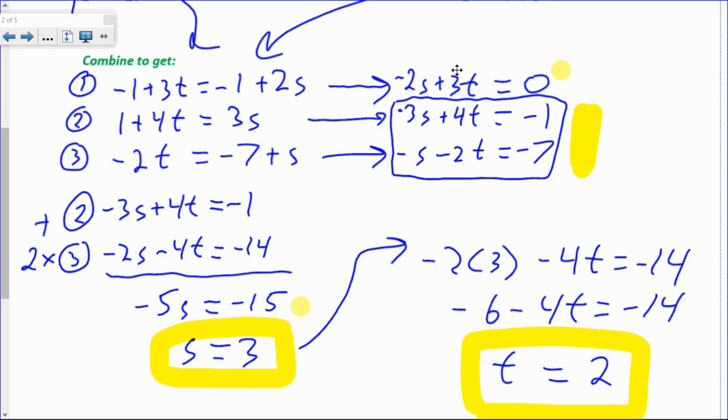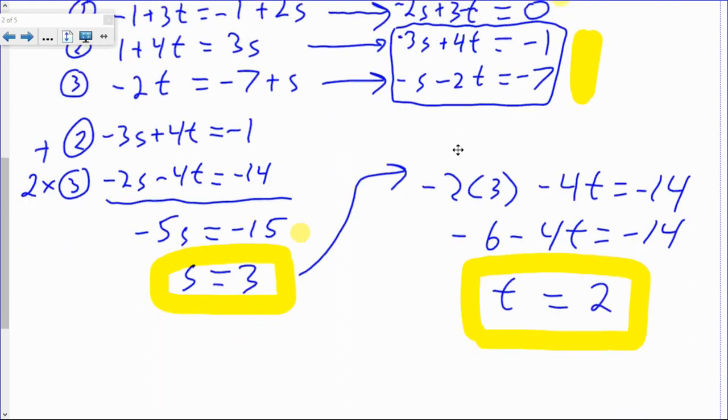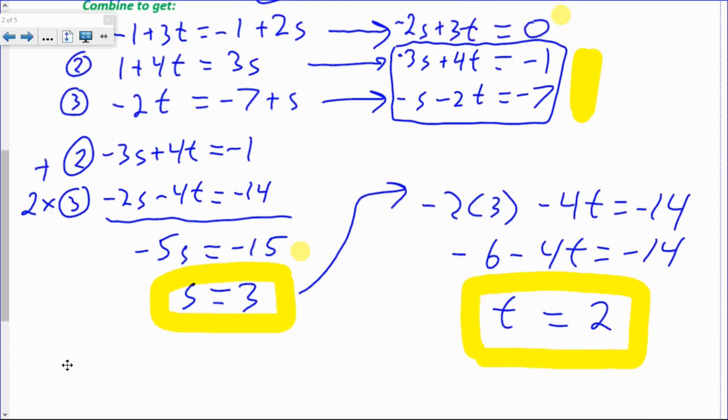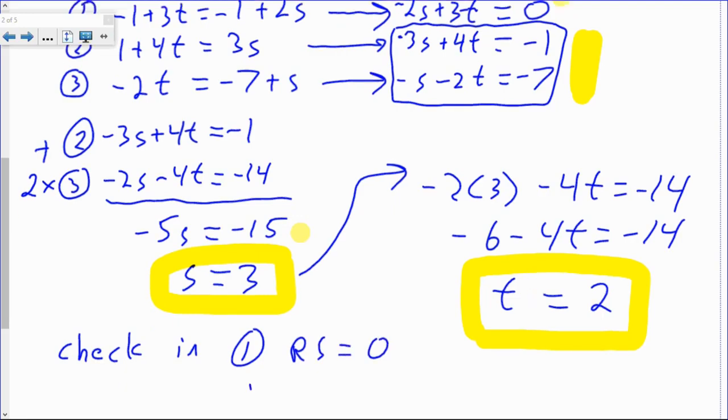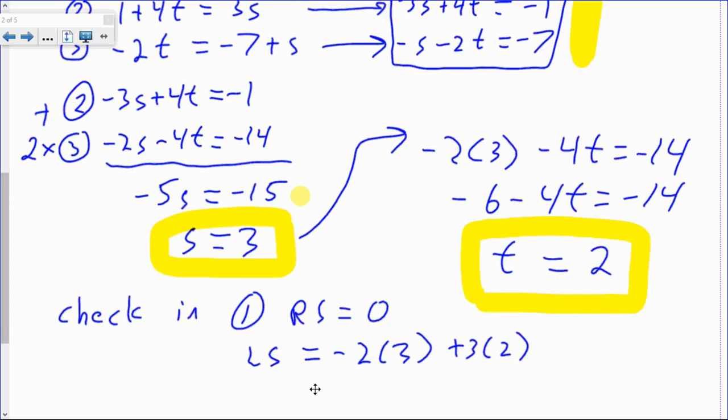Because now our original answer of s equals 3 and t equals 2 might not be happy in that equation. Well, let's find out if it is. So we call that checking in equation 1. If I do that, I will see that the right side is 0. That's pretty easy. The left side will become negative 2 times 3 plus 3 times 2, subbing my values of s and t in, and I get that is also 0.